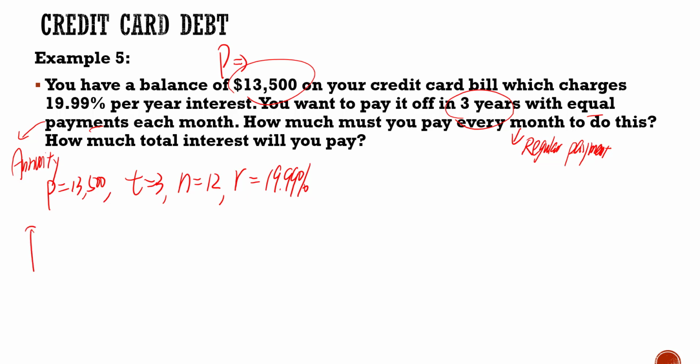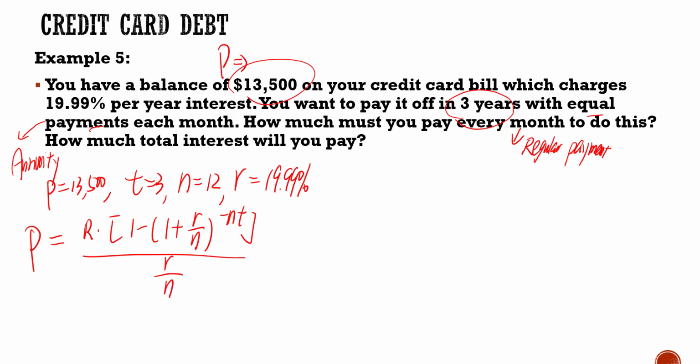So present value of annuity equals regular payment times 1 minus 1 plus r over n, raised to negative nt, over r over n.